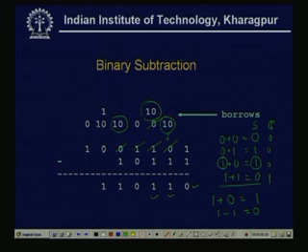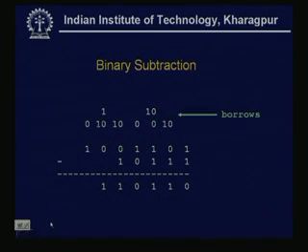So, this becomes 1 0. Similarly, this is 1 and again this becomes 1. So, this becomes 0. So, 0 minus 0 is 0. So, this is my result. So, this is the binary subtraction. So, actually what we have seen is that the rule of binary addition has been applied.